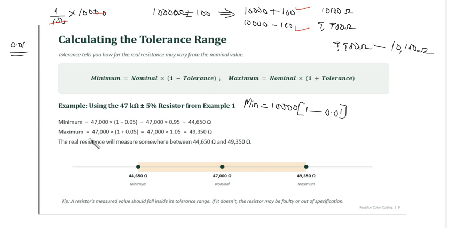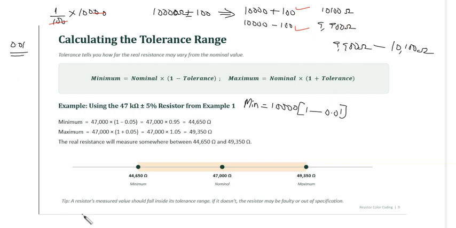So when you are using this formula, the tolerance you put here is not going to be this 100, it is the percentage that you slot in.